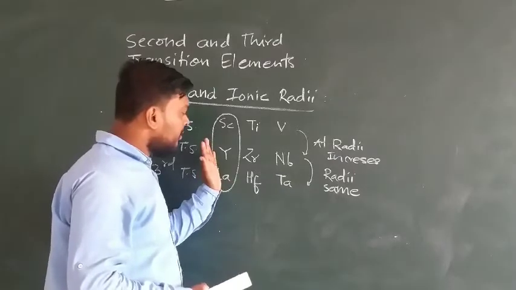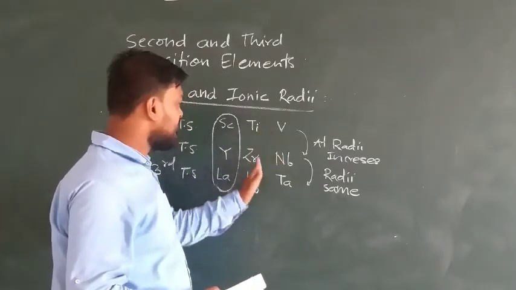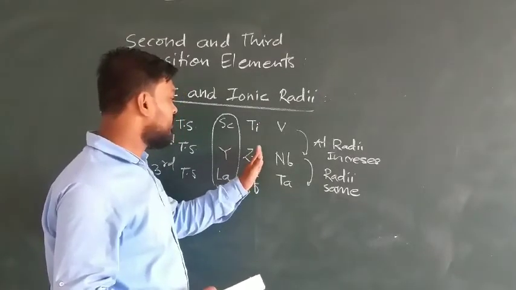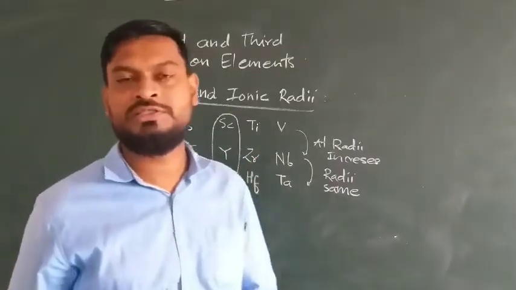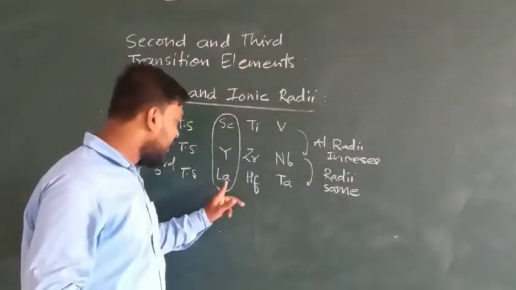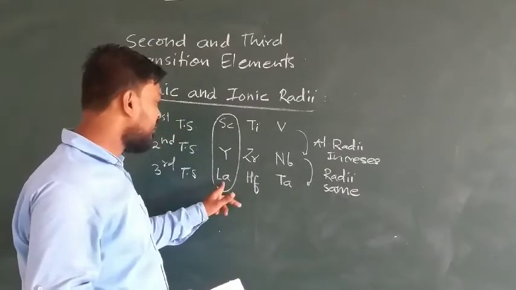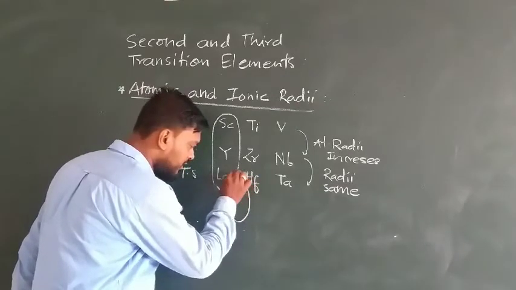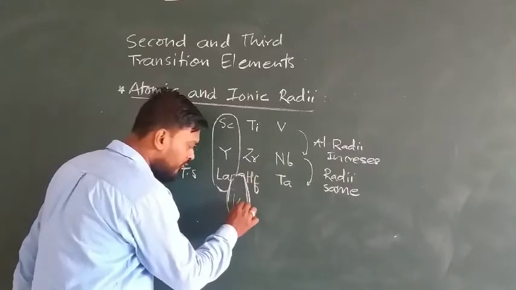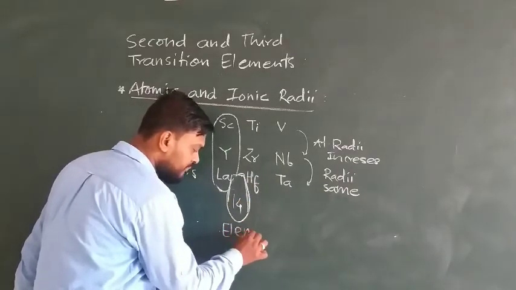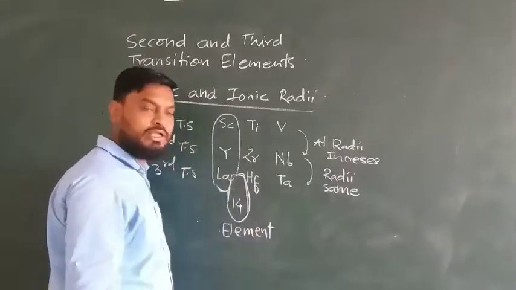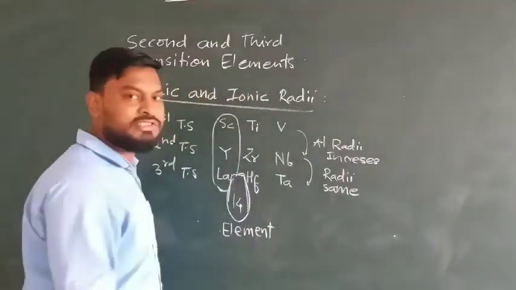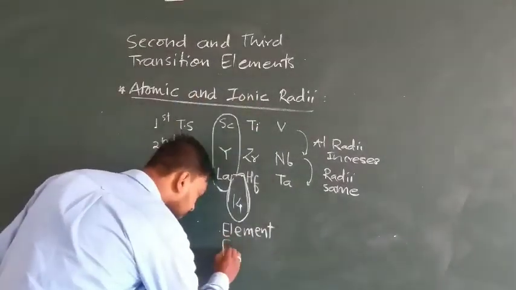But in the series titanium, zirconium, hafnium, the atomic radii of zirconium and hafnium are the same, because after lanthanum, at this position, there are 14 elements, and these 14 elements are F block elements.